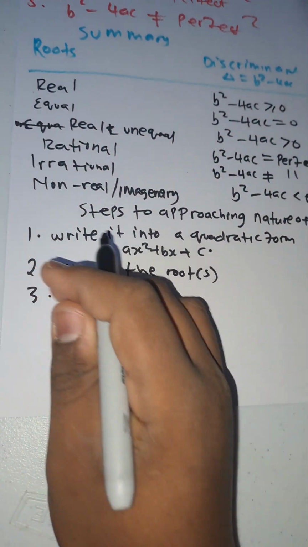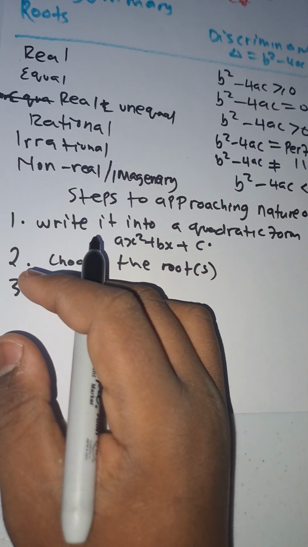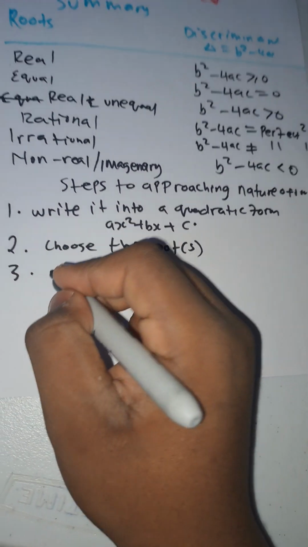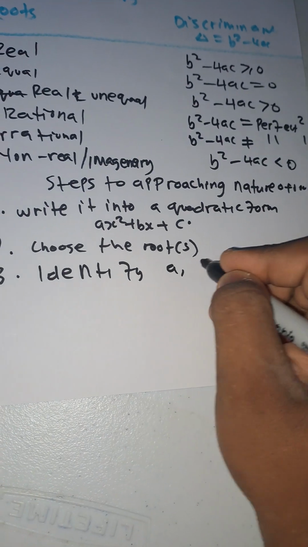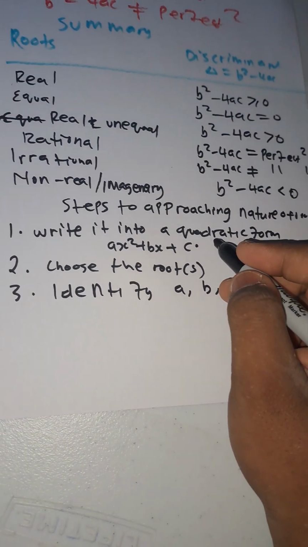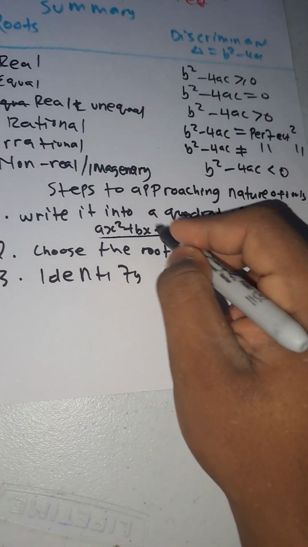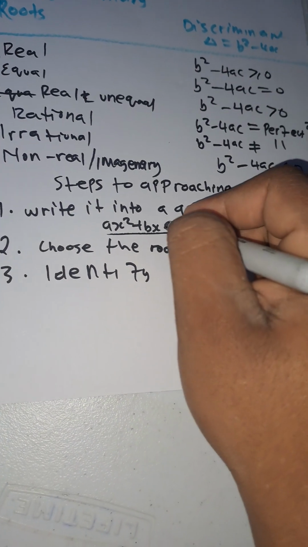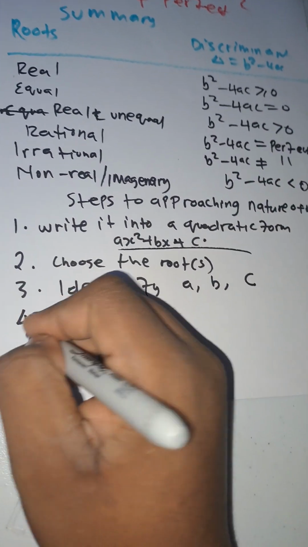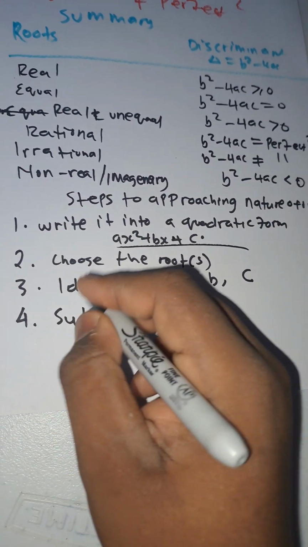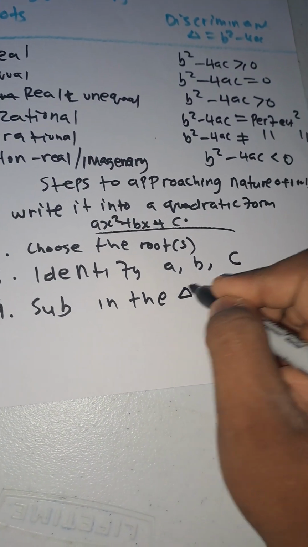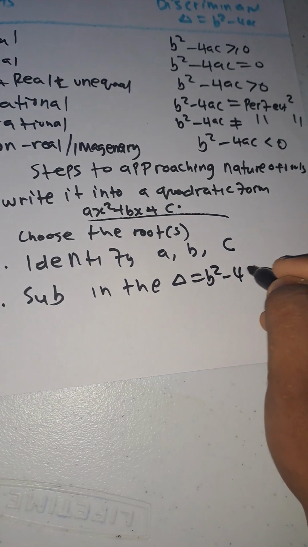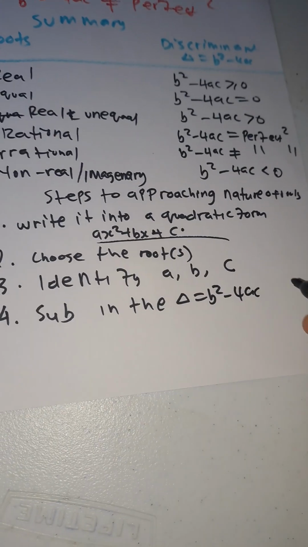Number 3, identify ABC from the polynomial or quadratic equation. So identify ABC using this one. It will be in this form, so we're going to choose it from this form or the polynomial. Lastly, substitute into the discriminant and solve.